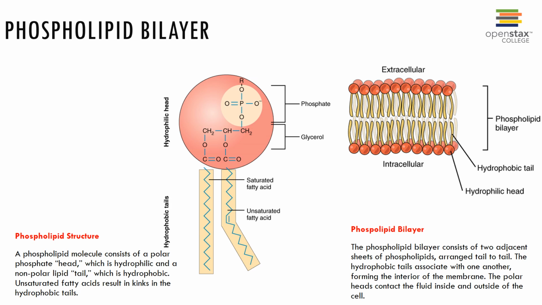In each half of the layer, or bilayer, the phospholipids lie with their hydrophilic heads facing outward and their hydrophobic tails facing inward. The hydrophobic layer in the center of the membrane isolates the cytoplasm from the extracellular fluid. And again, that isolation or separation is important because the composition of the intracellular fluid and the extracellular fluid is quite different.